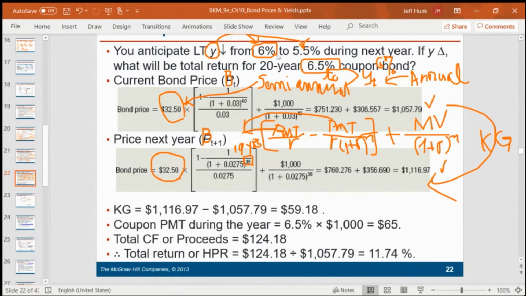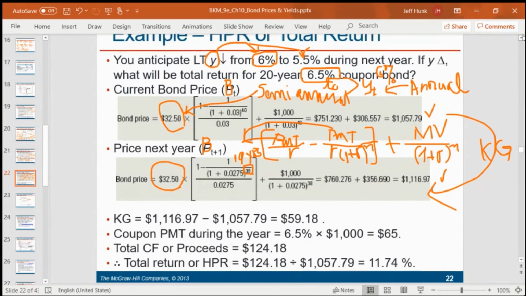The prevailing market rate has changed. If the discount rate or the interest rate remained at 6%, of course, then there would be a capital loss. But the discount rate has gone down.